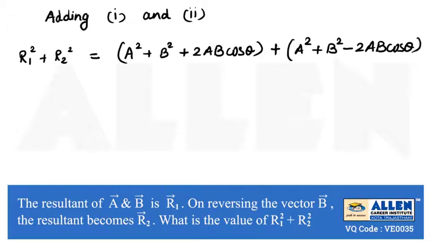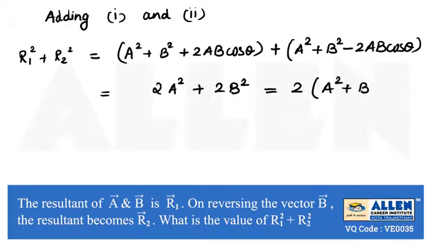On solving this, we get 2A square plus 2B square, which can be rewritten as 2 times A square plus B square. So the answer of this question is 2 times A square plus B square.